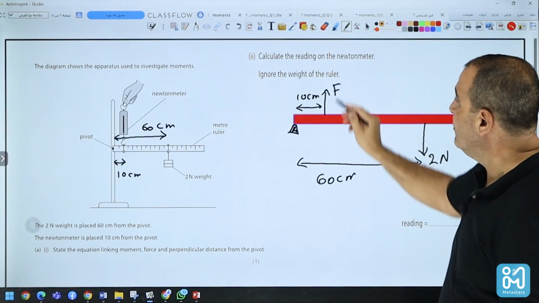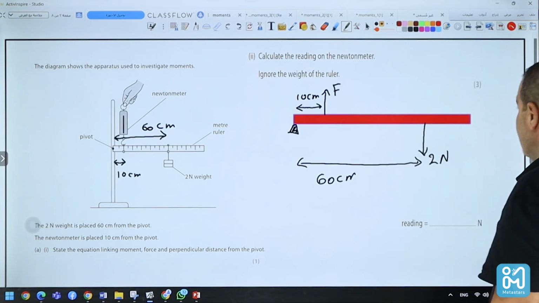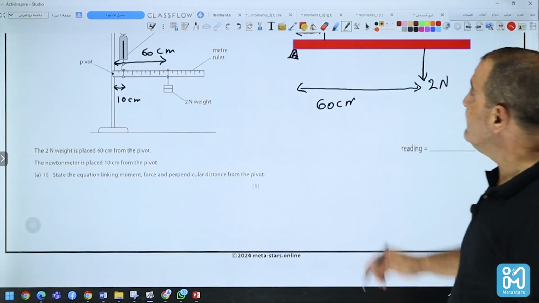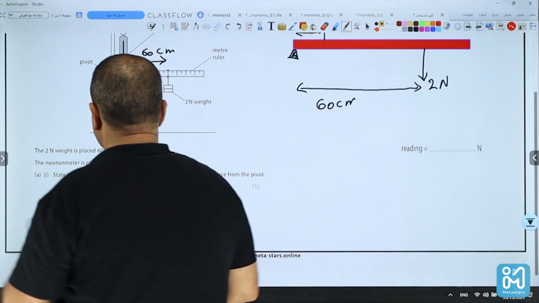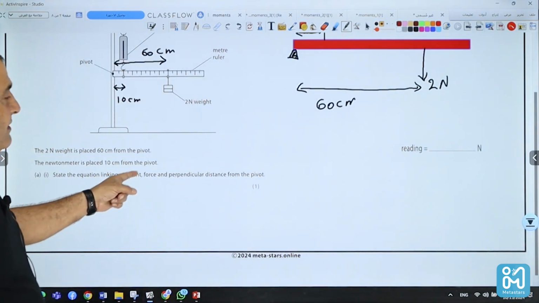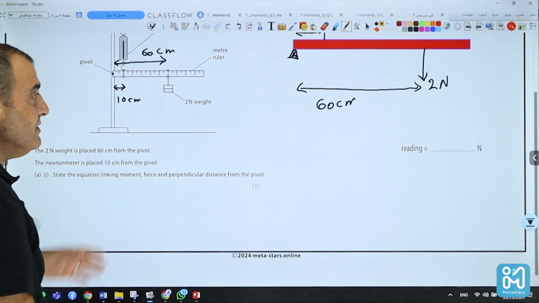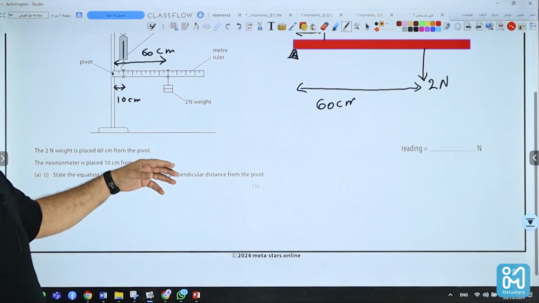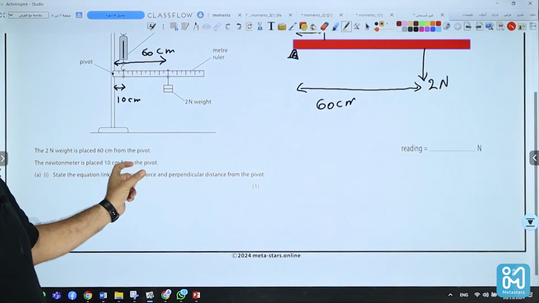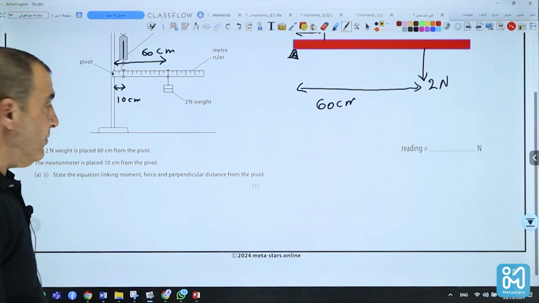This force is unknown. The question wants us to state the equation linking moment, force, and perpendicular distance. You may write it as standard symbols, or you may write it as words.